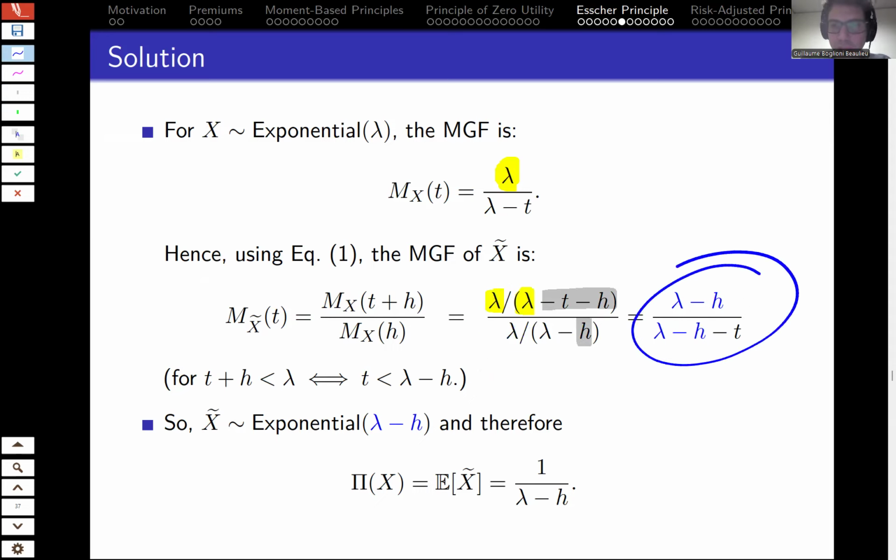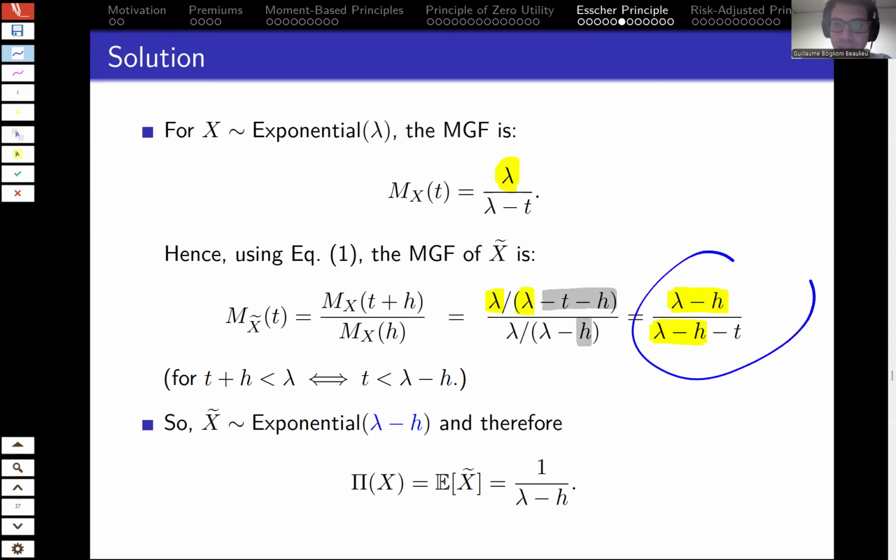And now you look at this expression. It's again the MGF of an exponential. Only the parameter now has been updated. The new parameter is lambda minus h. Look at the form of this. It is exactly the same as the form of this. It's just that the lambda has been updated to lambda minus h.